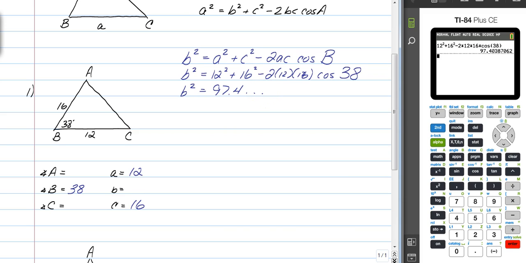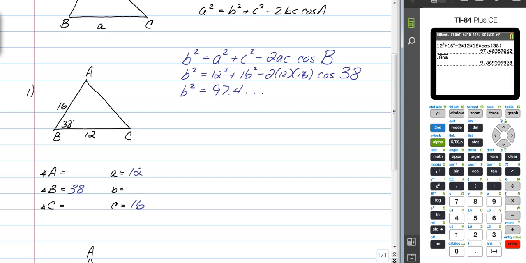Now, of course, there are multiple ways you can use your calculator to do this, but you can just press second square root, and you want to go to the previous answer. You don't want to just type in 97.4 for rounding purposes. So remember, if you don't have the type of calculator where you can just scroll up and touch that, you would just press second negative, and it'll take the square root of the previous answer.